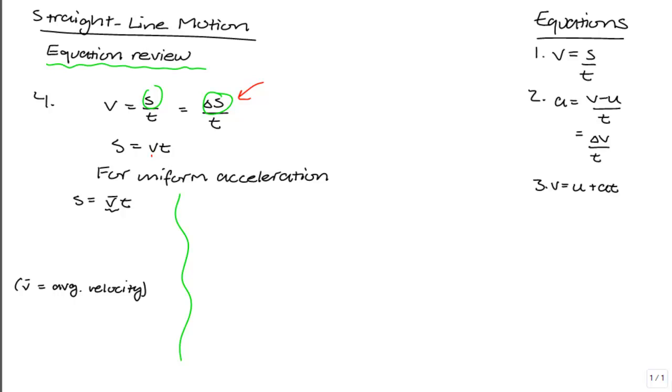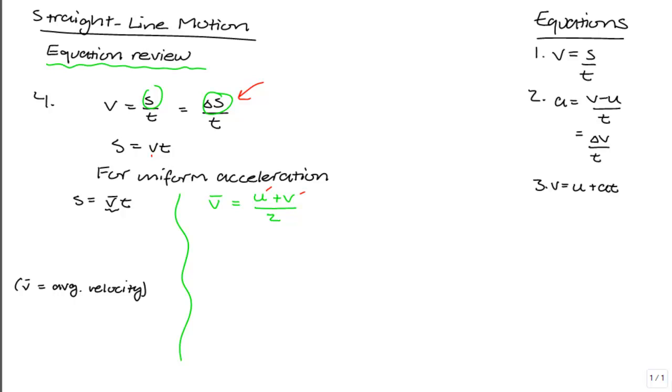Now, the average velocity of an object is equal to the arithmetic mean of the initial and final velocity. It's just the mean of those two values, or simply u plus v divided by 2. So v bar, or v average, is equal to initial velocity plus final velocity divided by 2. And it would make sense, because it's just the average of the two velocities.